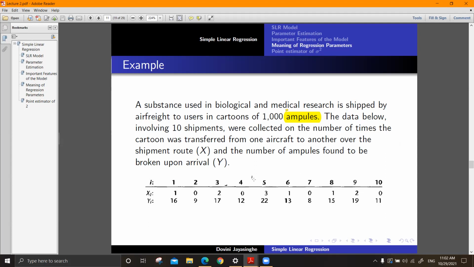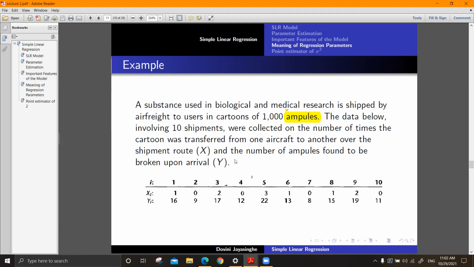So we have to check whether this beta 1 is 0 or not, whether beta 1 exists or not, to see whether the model built for this particular data set is significant enough.